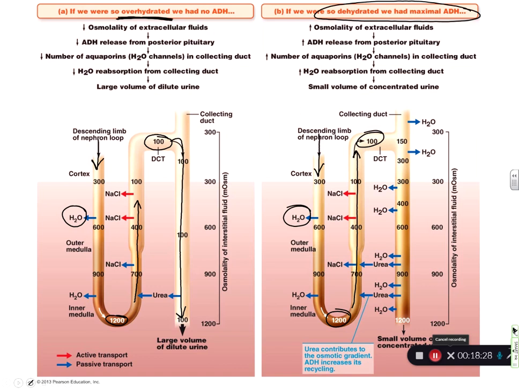But remember when we talked about that second step, tubular reabsorption? I told you that by the time you get to the end in the collecting duct, we're using hormones. And so let's look at what happens when we use these hormones. So when we're dehydrated, we release the antidiuretic hormone, which makes you not pee.